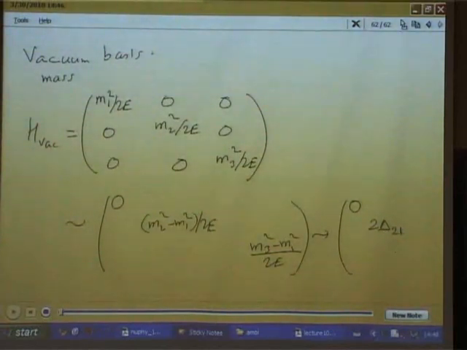Remember delta was delta m square by 4E. So our Hamiltonian actually looks like this: 0, 2 times delta 21, 2 times delta 31.